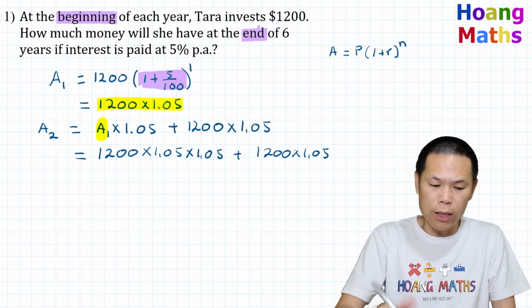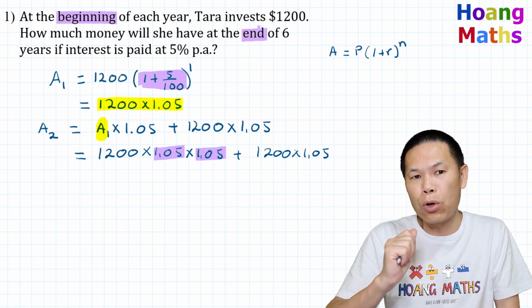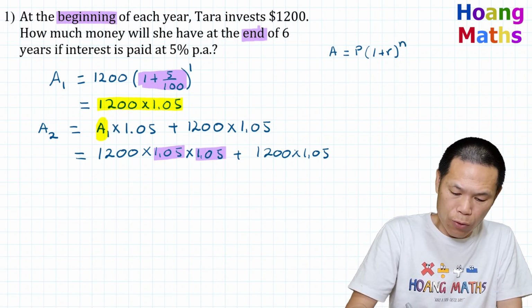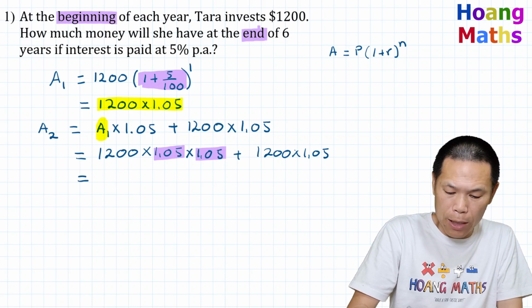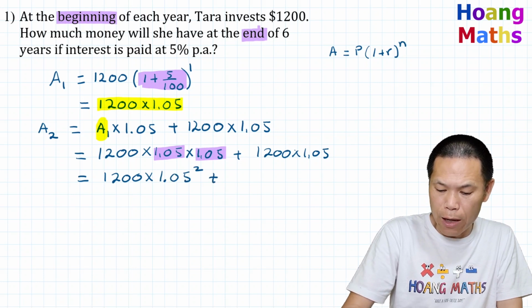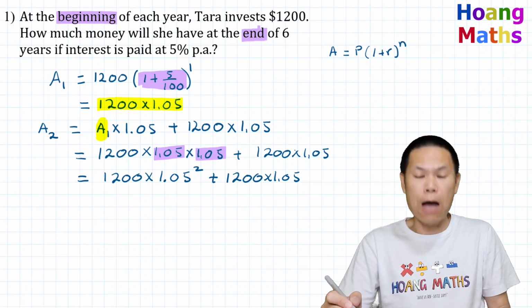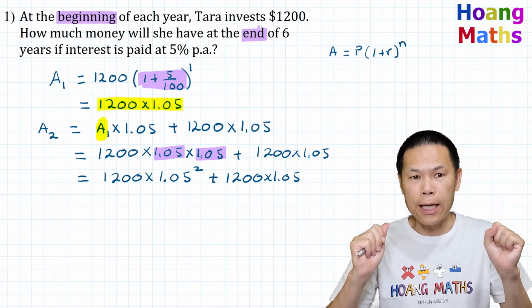Let me rewrite this, because 1.05 times 1.05 is equal to 1.05 squared. So this is exactly the same as 1,200 times 1.05 squared, and don't forget we add that one, which is 1,200 times 1.05. This is how much she has at the end of the second year.